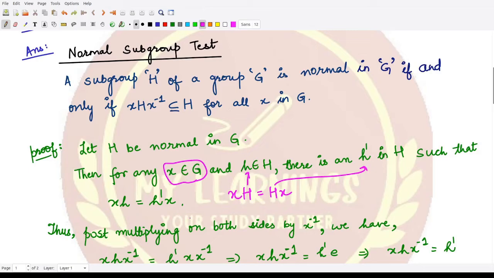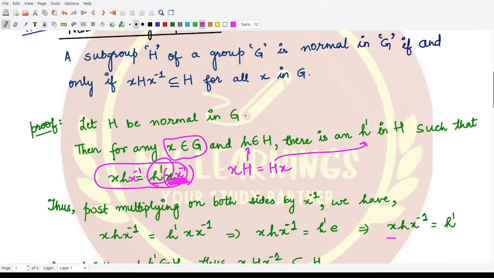Now using this, we can post-multiply both sides of this equation by x inverse. So you would have x inverse here and x inverse here. This and this would club together and give you the identity. Some element times identity is that element itself. So you have your result, and this is what we wanted to prove for this part.